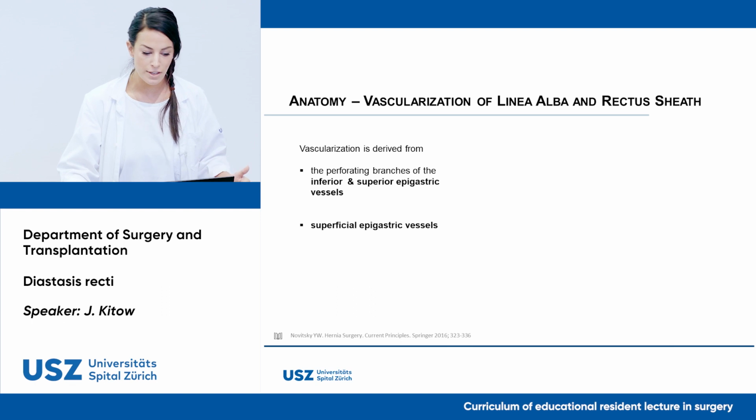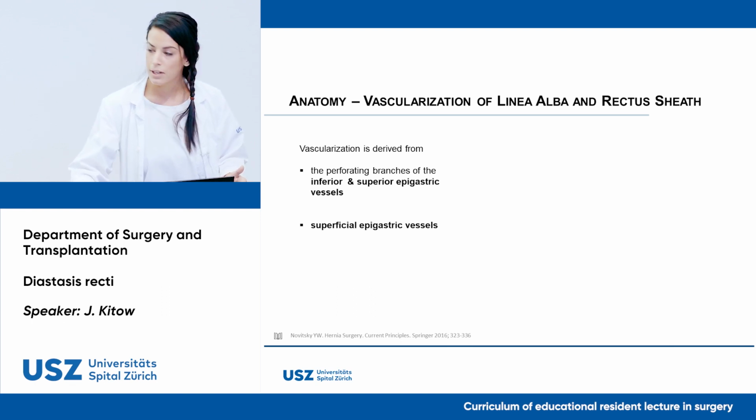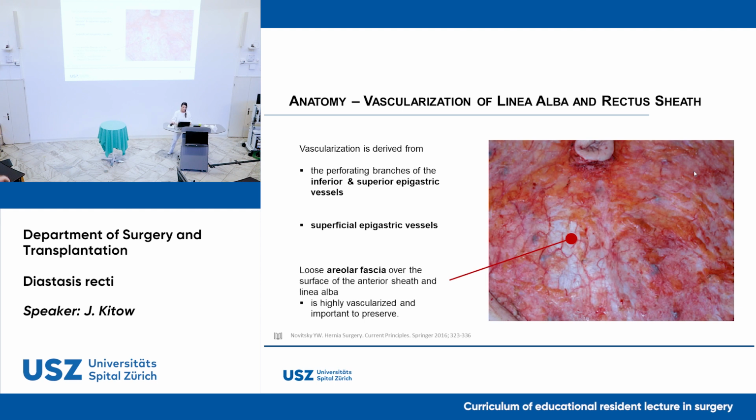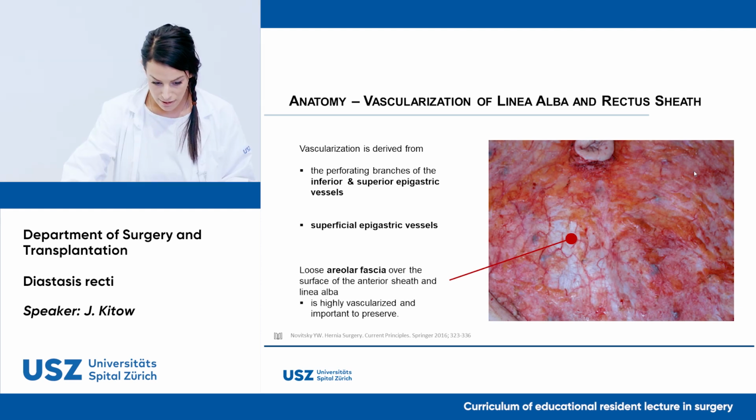Anatomy also includes vascularization. So let's have a look at the vascularization of the linea alba and the rectus sheath. The vascularization is derived from the inferior and superior epigastric vessels, as well as the superficial epigastric vessels. Here you see a picture of that. So it's highly vascularized, and you can see all those blood vessels: rectus sheath, linea alba, umbilicus.